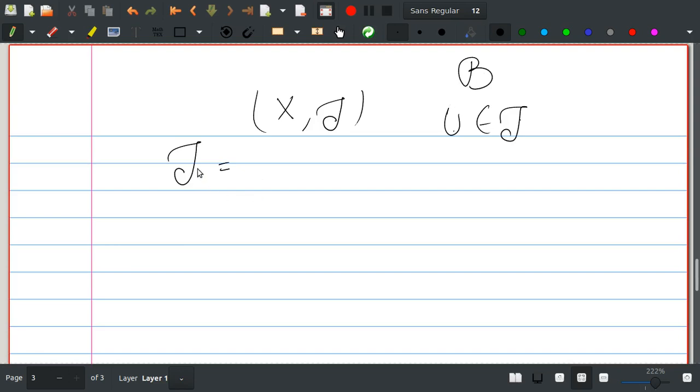So let us prove the other result. We have this lemma here. So this is another lemma.